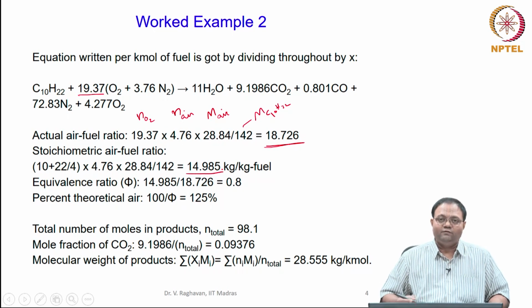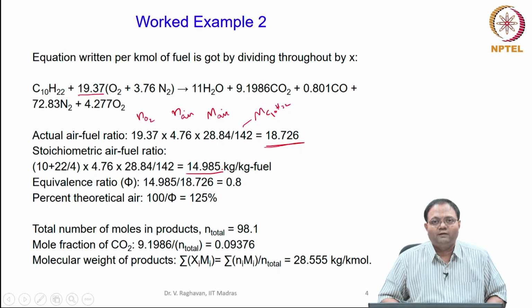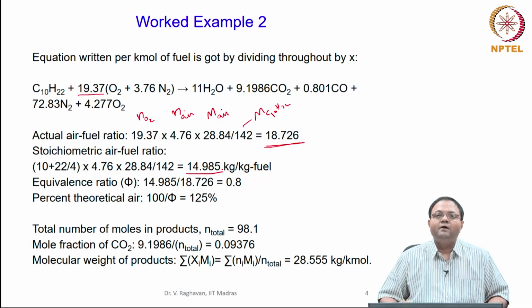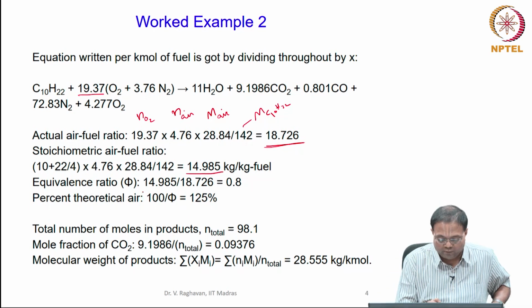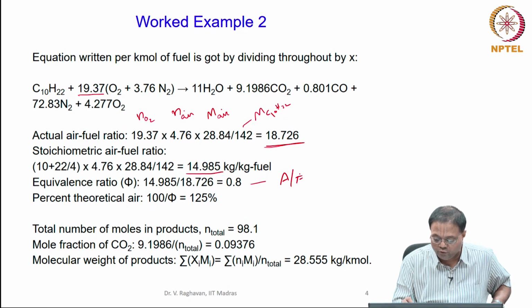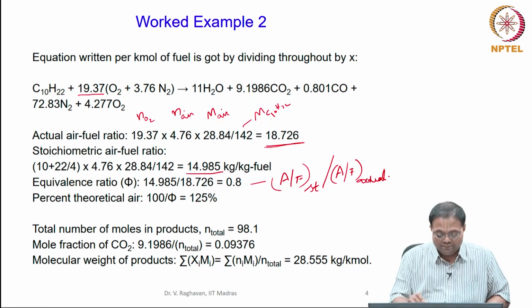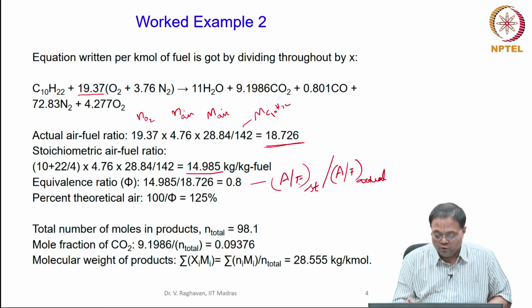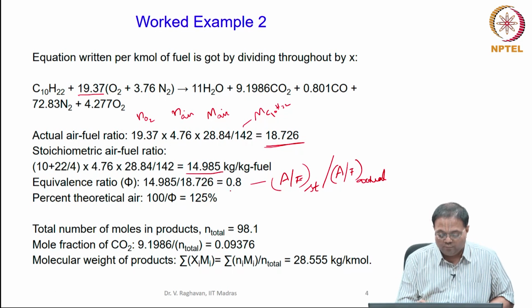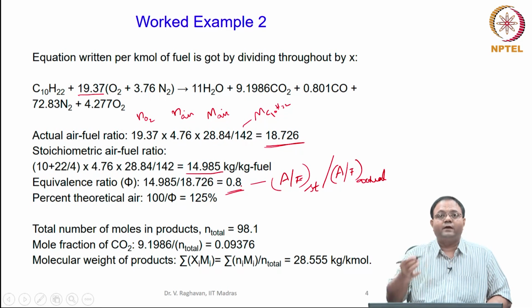So the equivalence ratio is less than 1 because the actual air supplied is higher than the stoichiometric air. So the equivalence ratio is the stoichiometric air fuel ratio divided by the actual air fuel ratio. Okay. So that is the definition of equivalence ratio. You will get 0.8. So you are supplying excess air.